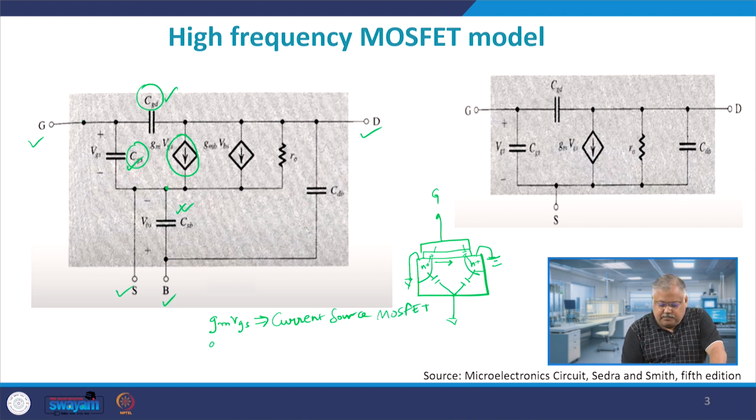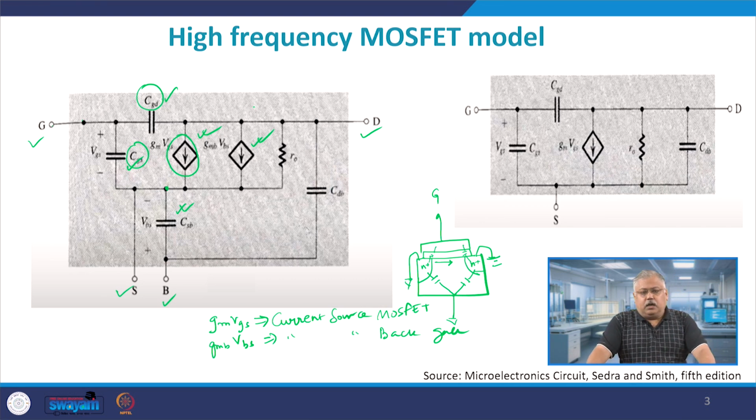And what is GMB VBS? It is basically the current source because of the back gate which you see. They might be opposite in nature or in the same direction, it does not matter at this stage; we just show them by the arrowhead in the same direction currently.